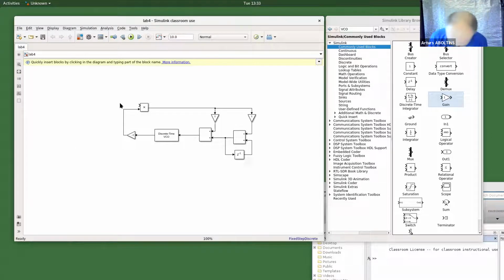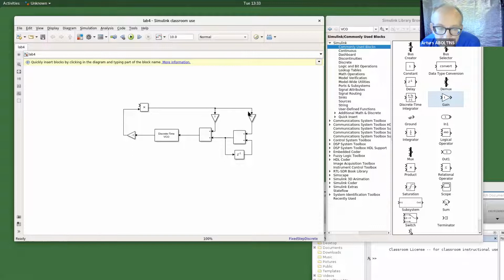Okay, the next step is, let's maybe discuss these configurations here, because we now have to configure all this stuff. If we go to the description of the lab work, we will see that we will need parameters K1, K2. This is the first gain and the second gain.